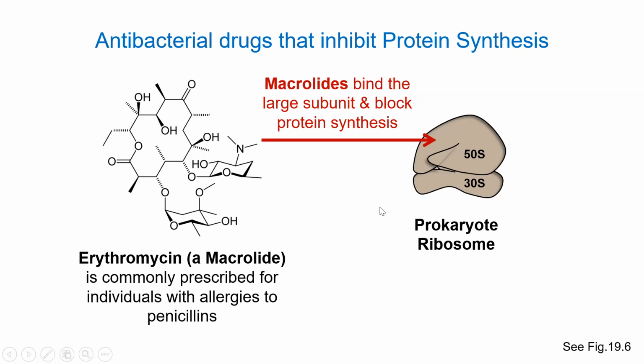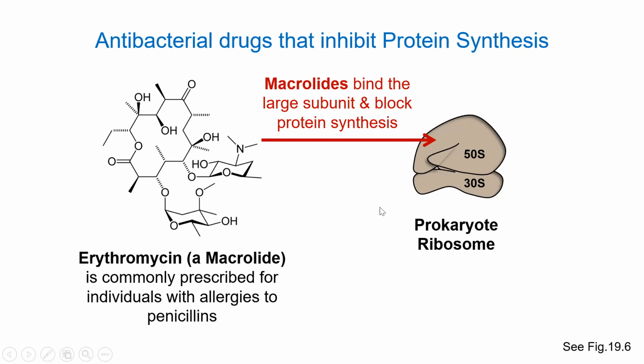One of the key things is, if someone has a penicillin allergy, this is a totally different molecule. We don't have that beta-lactam ring. So usually, if you're resistant or allergic to penicillin, you're not allergic to this one. So erythromycin is a really important one for that reason. There are others, but that's the one I want you to know for the class.